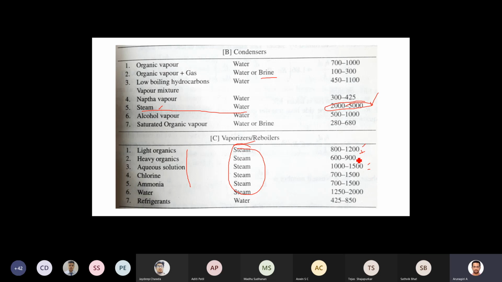Here it would be around 5000 to 6000 watt per meter square. But this value is 1500 or 2000 watt per meter square degree, which means that light organic or heavy organic fluids offer more resistance, even if you use a high heat transfer coefficient fluid on the other side. So you have to select the value of U based on these combinations.